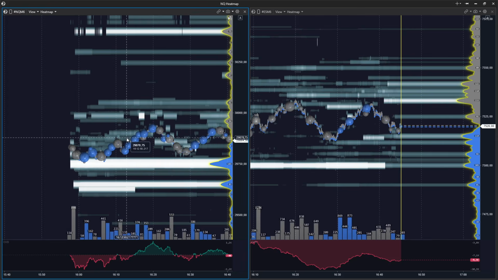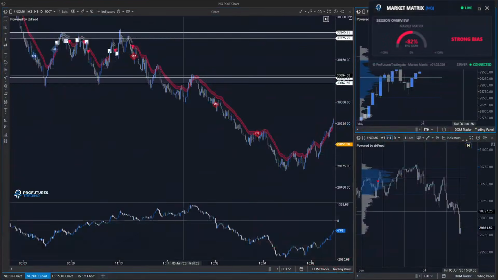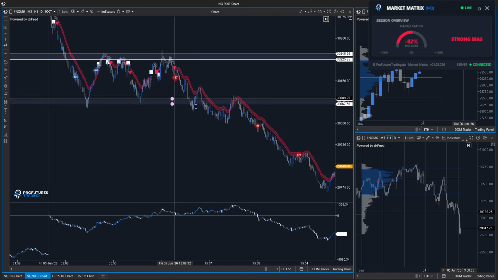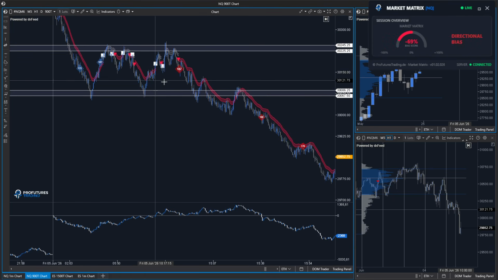I can't see because I didn't load the time. So let's get back to it. The NQ here. Maybe at this point the passive sellers were too strong for the aggressive buyers, so the aggressive buyers couldn't get through these levels of balance again.